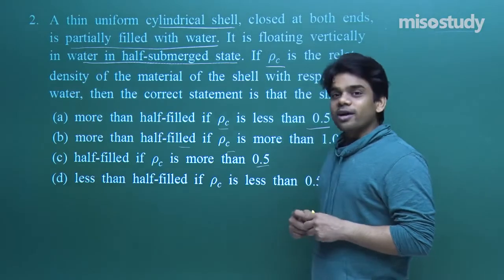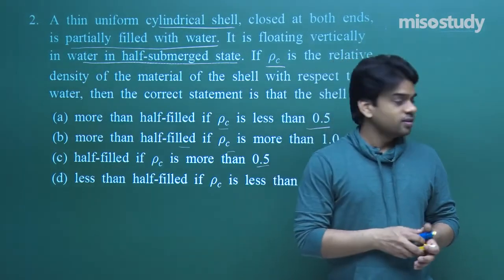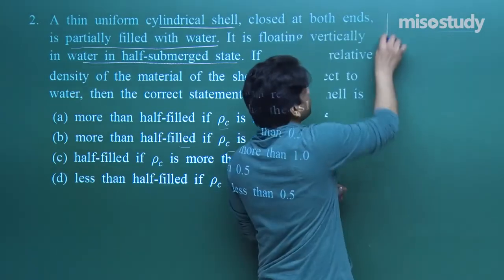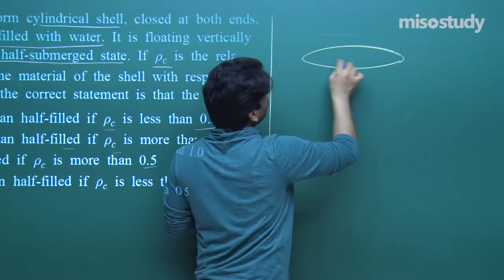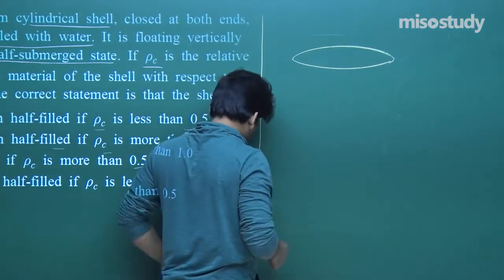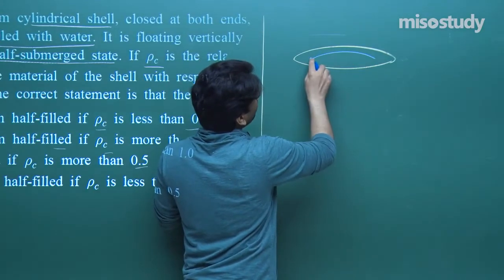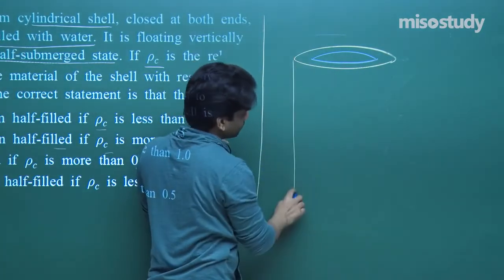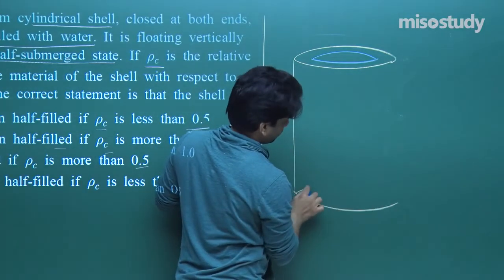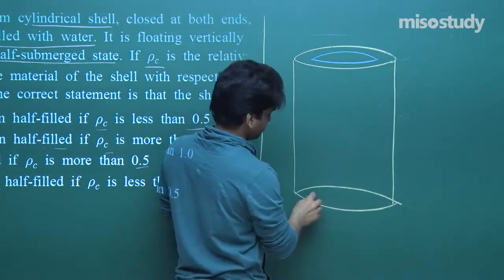Now, first of all, what I will advise you all is to construct a hollow cylinder and think how you can go ahead with this question. If you construct a hollow cylinder, it will have two portions as shown. Let me show you with different colors. You have this as the hollow cylinder.